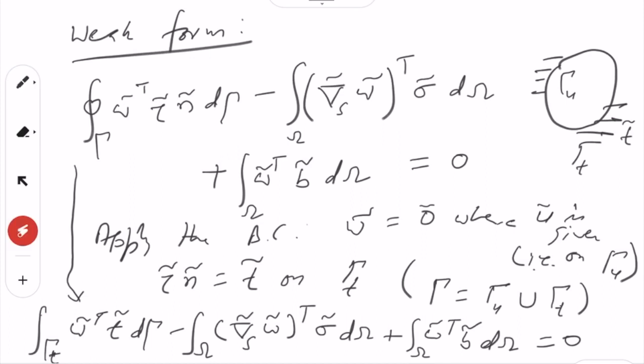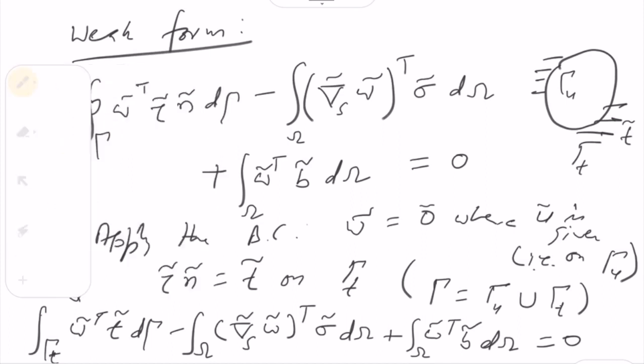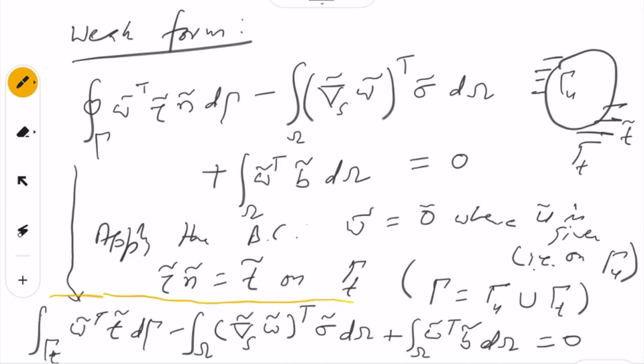So this is the equation after applying the boundary condition. This is the final weak formulation.